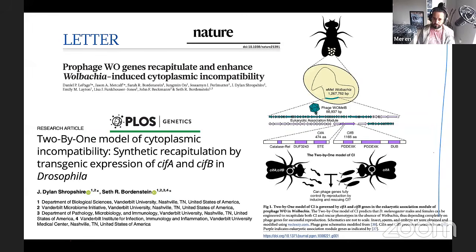And they have been able to show, by doing these genius experiments, putting the genes from the phage into the genome of the mosquito and removing all the phage and bacterium from the equation, that there are two genes encoded exclusively by the phage that infects the bacterium that cause cytoplasmic incompatibility.